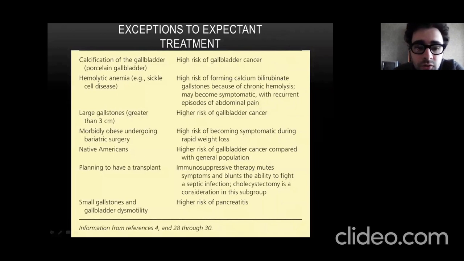Exceptions to expectant treatment. This is a very important slide. What should you remember? Firstly, there is also such a disease that needs differential diagnosis with acute cholecystitis. It is also called gallbladder cancer. If there is high risk of gallbladder cancer, and where it comes: calcification of the gallbladder, large gallstones that make constant damage, you should always make histology.